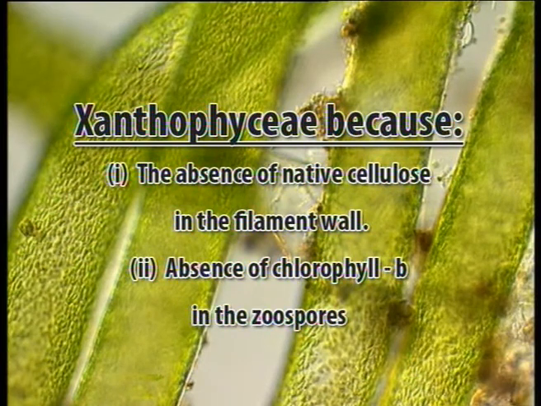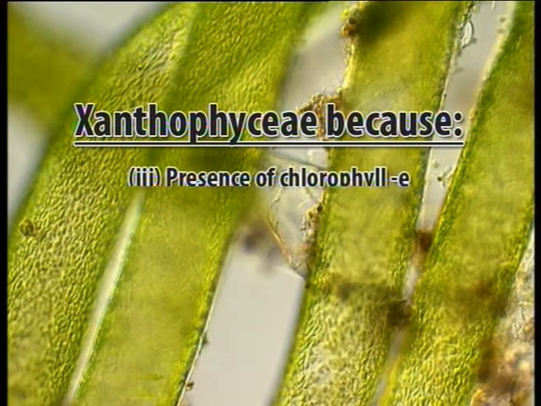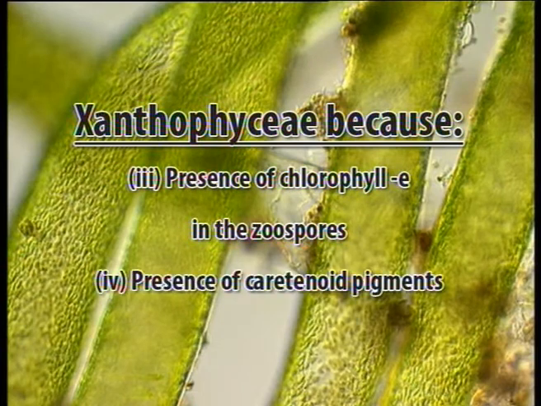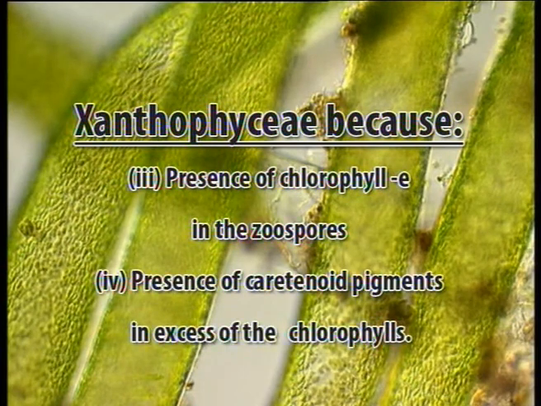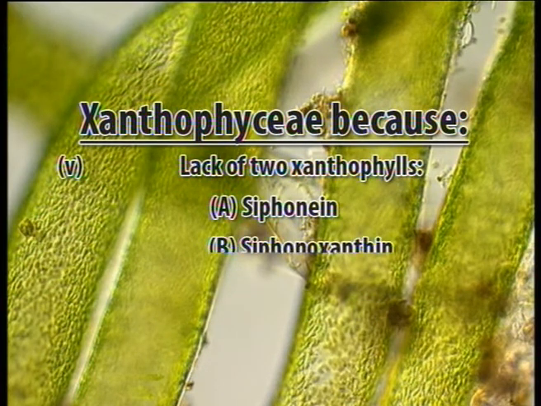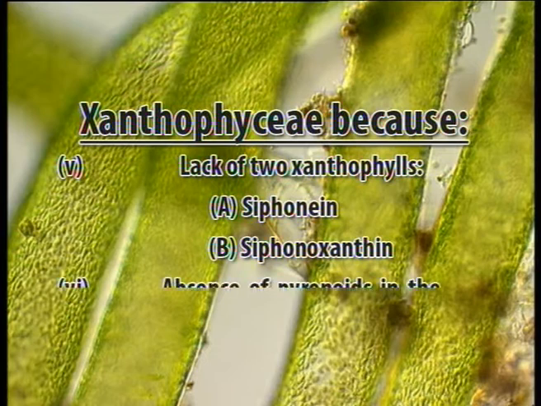Number two, absence of chlorophyll b and presence of chlorophyll e in the zoospores of Vaucheria, a pigment characteristic of class Xanthophyceae. Presence of carotenoid pigments in excess of chlorophylls. Lack of two xanthophylls, siphonein and siphonoxanthin, which are of universal occurrence in the Siphonales.